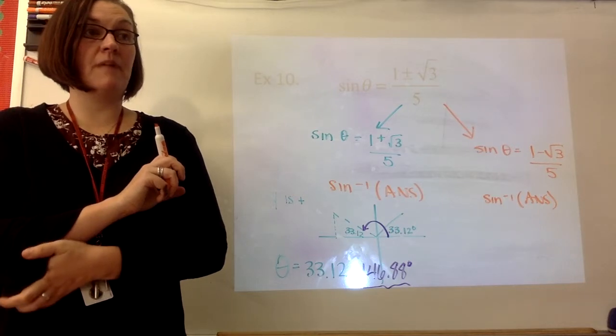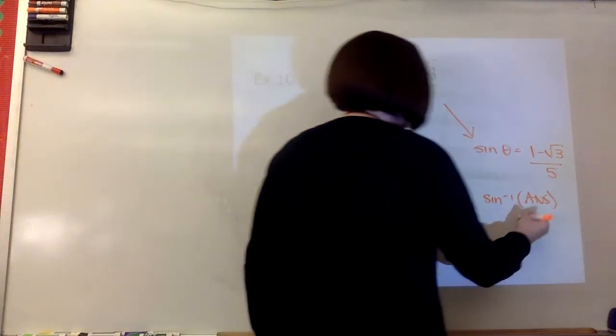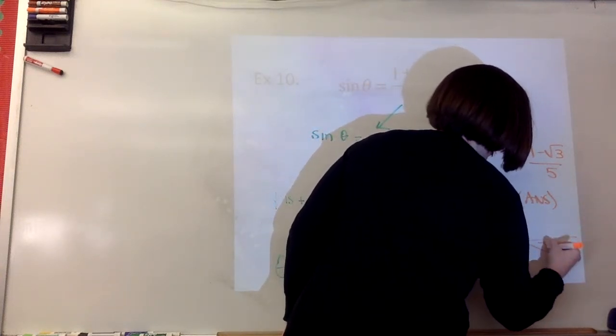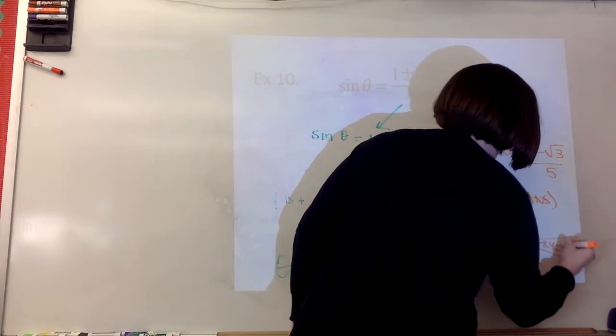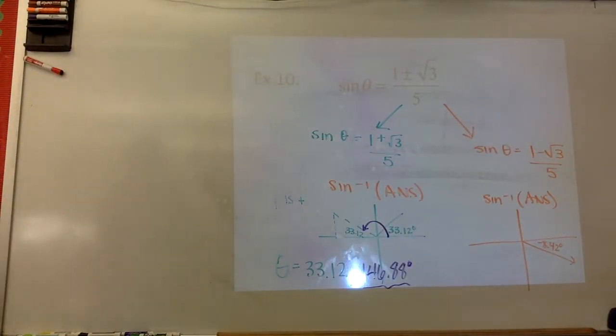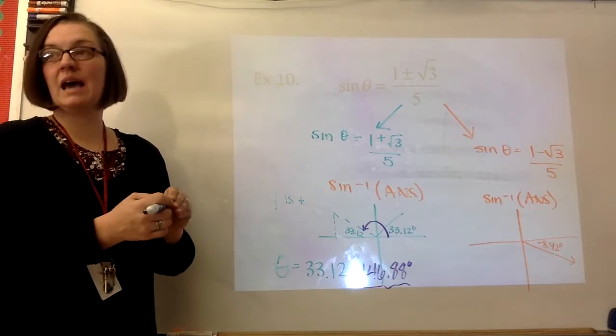Everybody got negative 8? Okay, so negative 8.42 degrees. First of all, is negative 8 in the interval from 0 to 360? No.